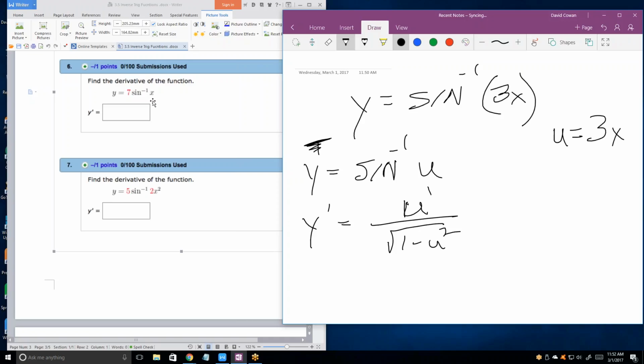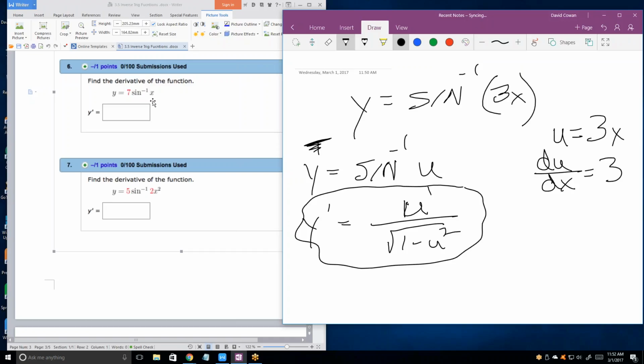And so when you have a more complicated function that's not just the inverse of x, but the inverse of something with a complicated argument, you do exactly the same thing, but then you have to multiply it by the derivative of the inside. What's the derivative of the inside? We can figure that out over here. du dx equals 3. Right, okay.